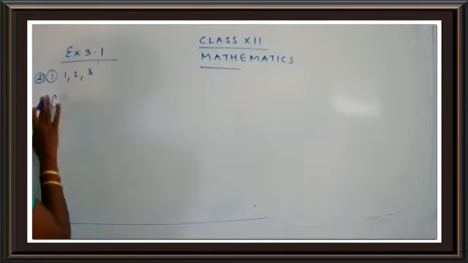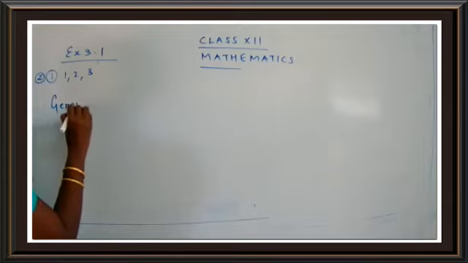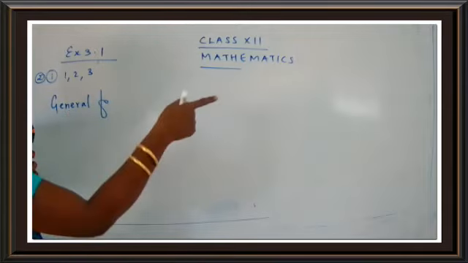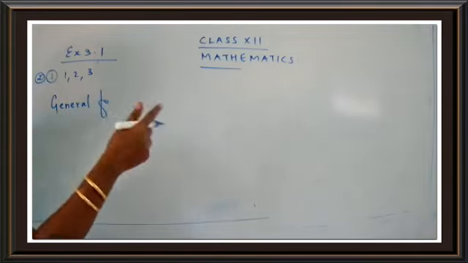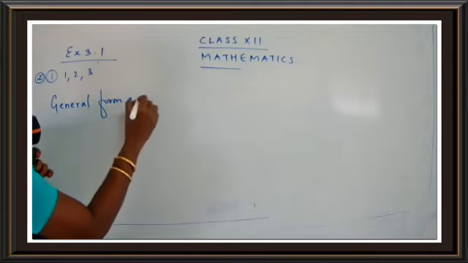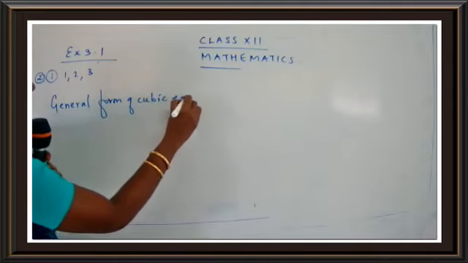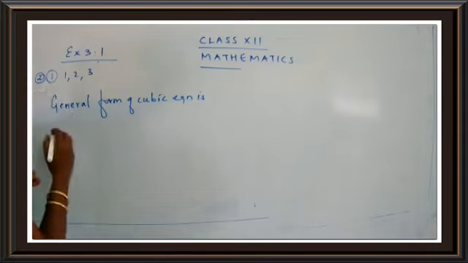Therefore, the general form of a cubic equation. Now that we have it right, let's call it the general form. So write on. The general form of a cubic equation is, what is the general form, children?